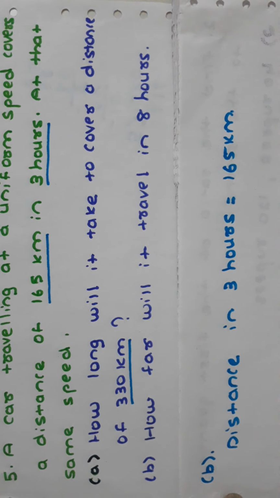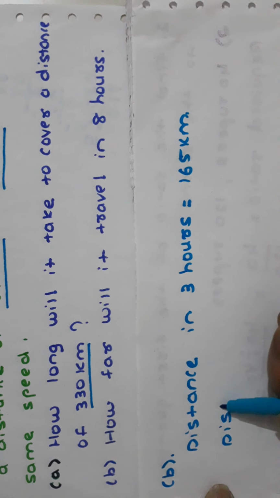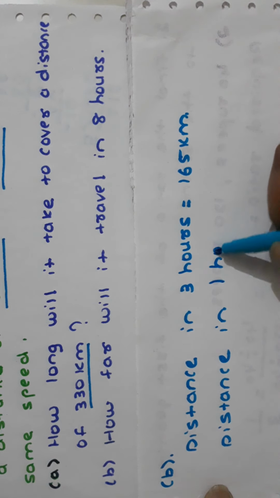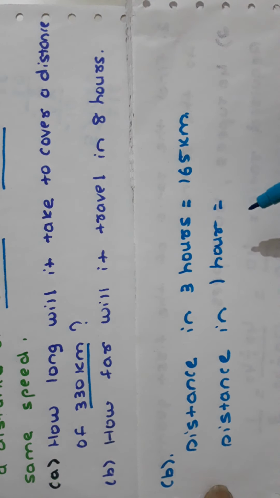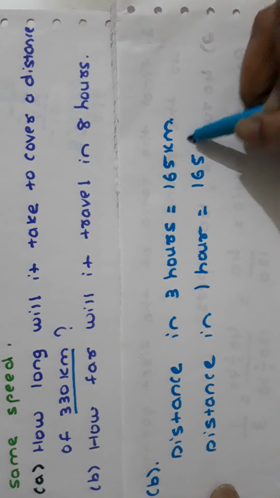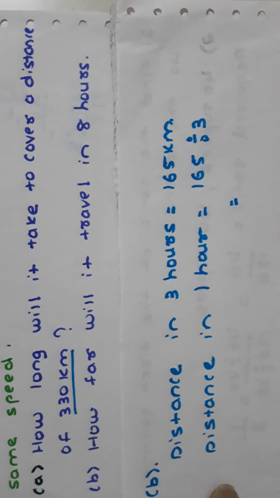This is known to us. So now we will find the distance in 8 hours. So distance in 1 hour: from many to 1 we will use division, 165 divided by 3. 165 divided by 3 we have already done, 55 kilometers.